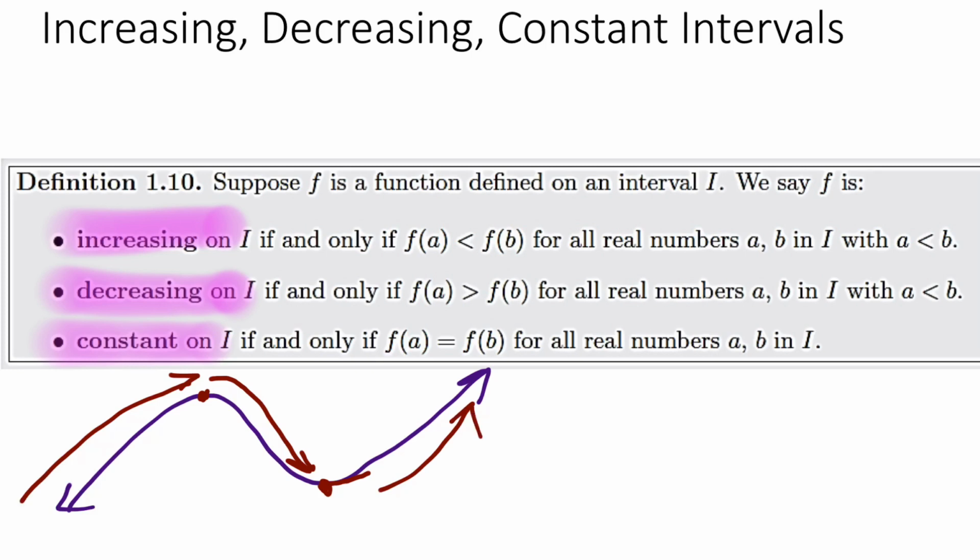Now let's say there was a place on this graph where it went flat, leveled off. This piece right here is going to be your constant interval, where you're neither going up nor downhill, going left to right. So that's just a bit of a review of terminology.